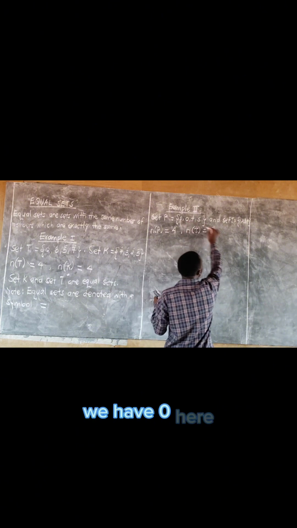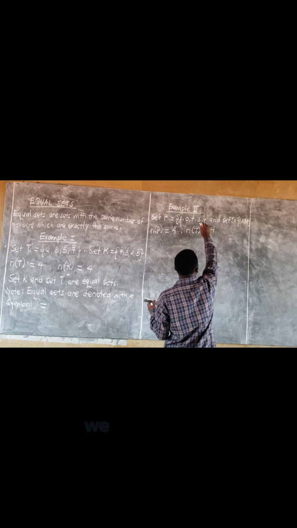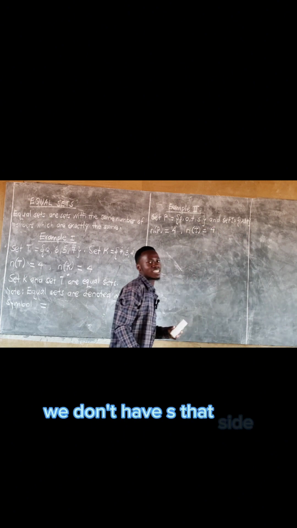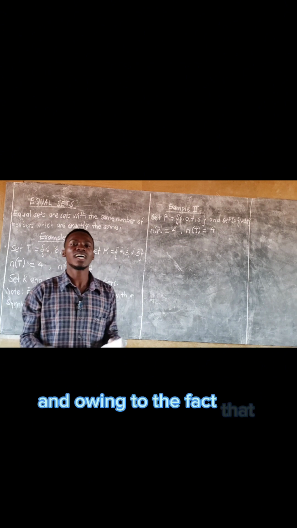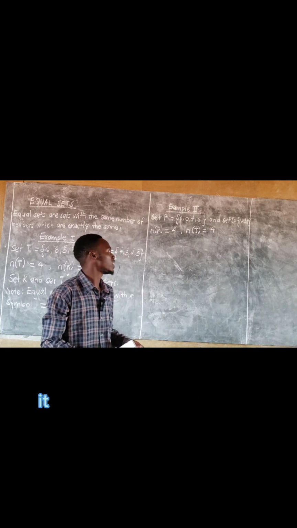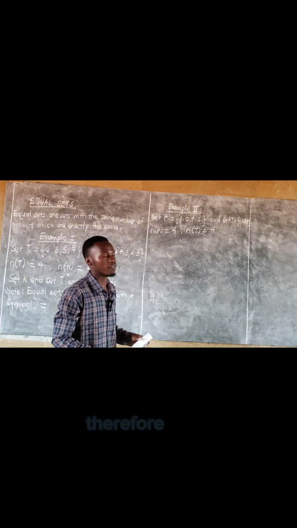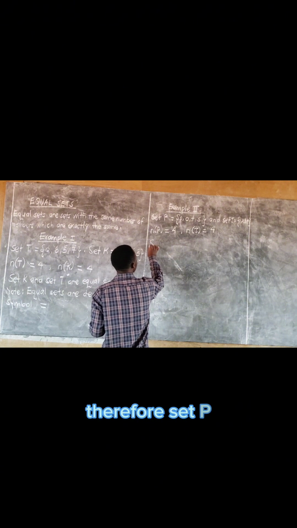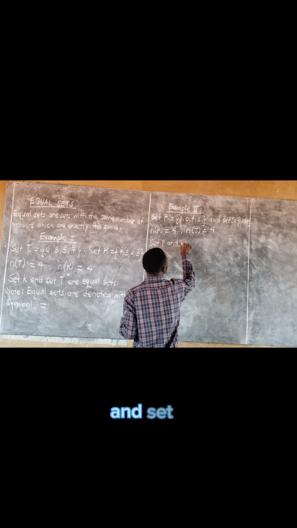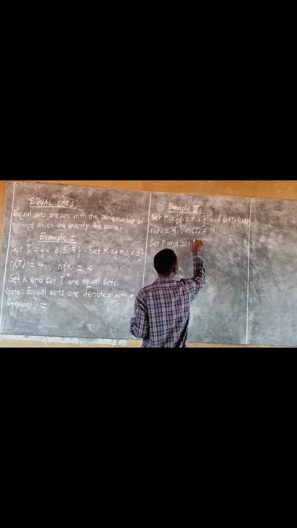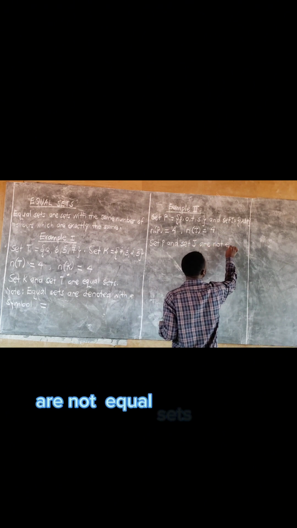We have O here, we don't have O. We have T here, we don't have T there. We have S here, we don't have S that side, meaning that requirement is not met. And owing to the fact that that requirement is not met, it means that these sets are not said to be equal sets. Therefore, set P and set J are not equal sets.